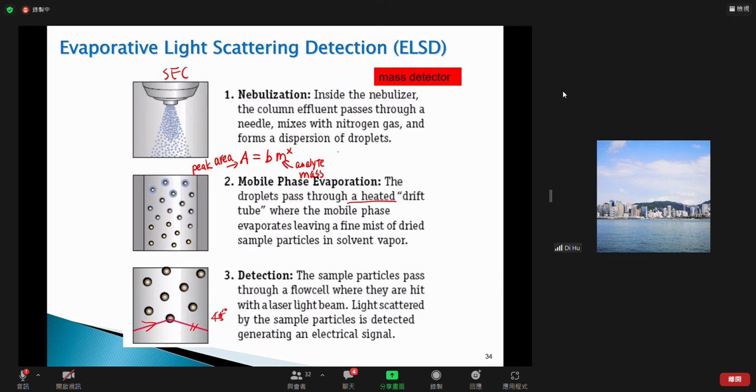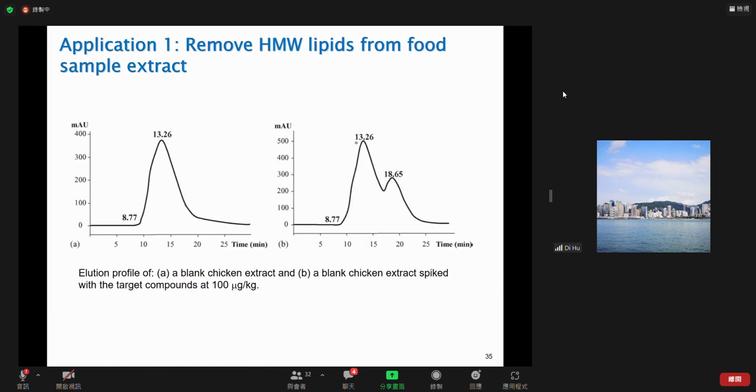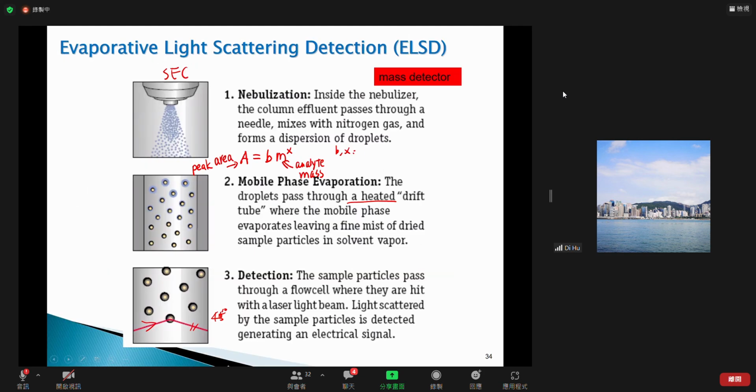They are coefficients that depend on both the analyte, for sure, and also the operating conditions.